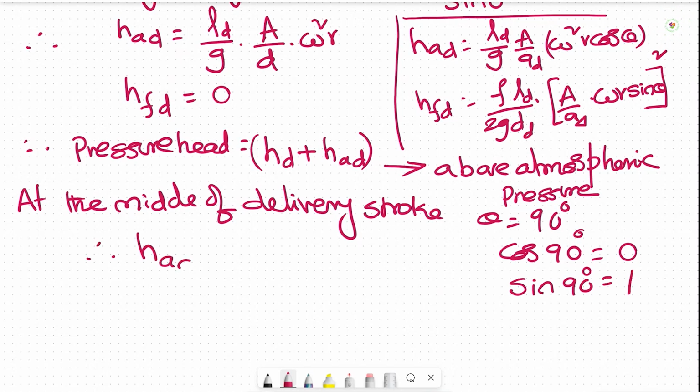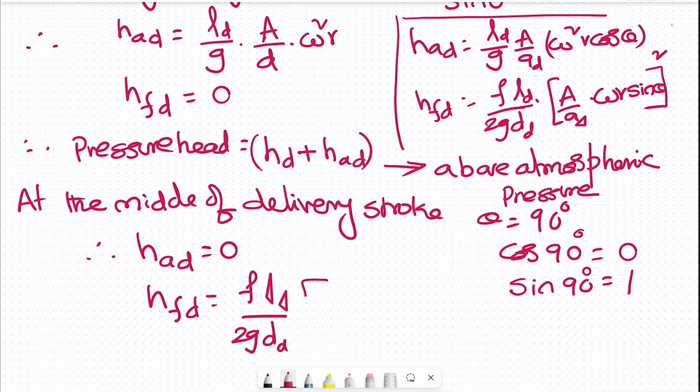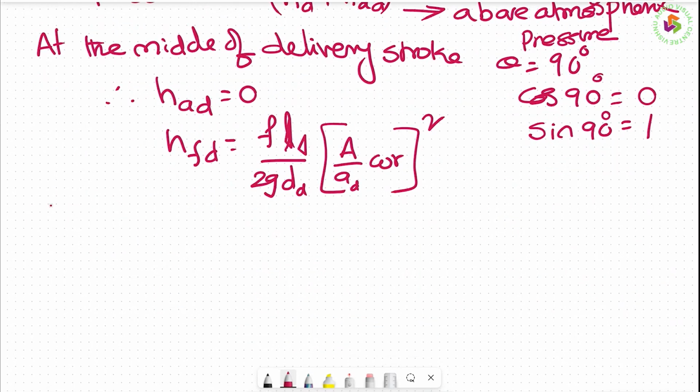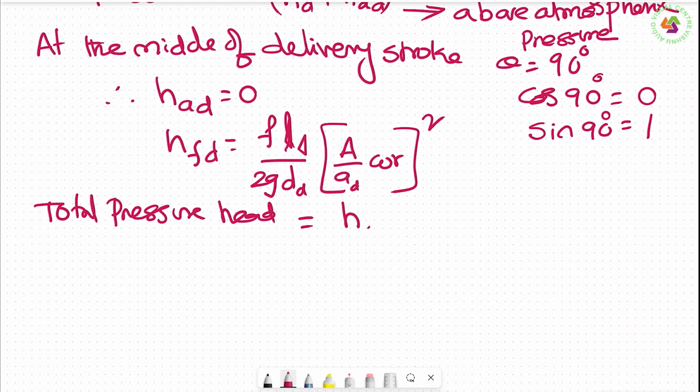Therefore, HAD is equal to 0 and HFD is equal to FLD by 2GDD into (A by AD omega R) whole square. Therefore, total pressure head is equal to HD plus HFD, above atmospheric pressure.